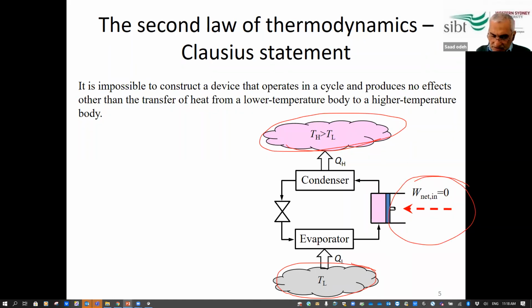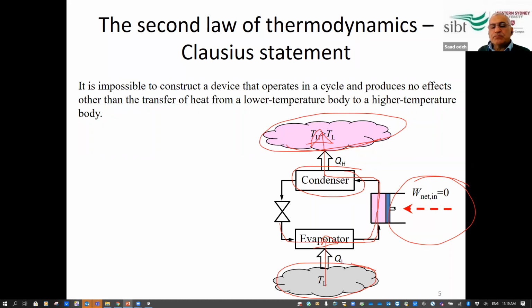There is a fluid passing through this, and it works as a conveyor of the energy. It will take the energy from this lower part, move it to the other part, and throw it in this sink.